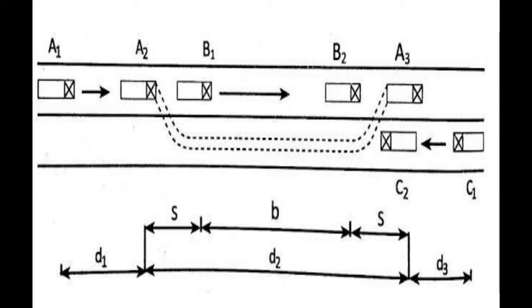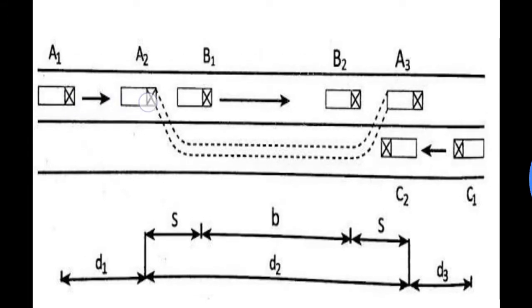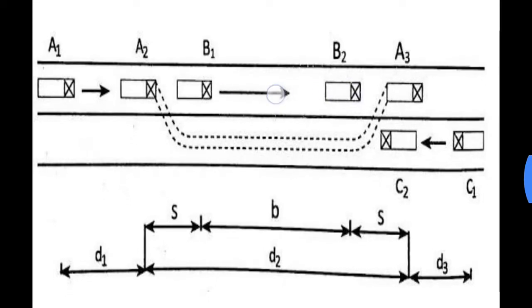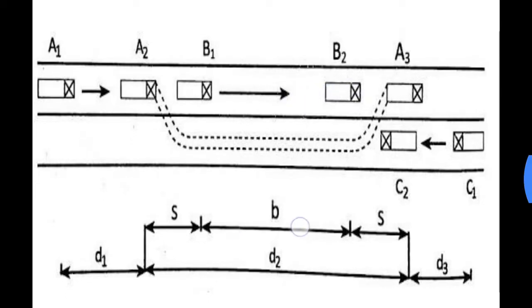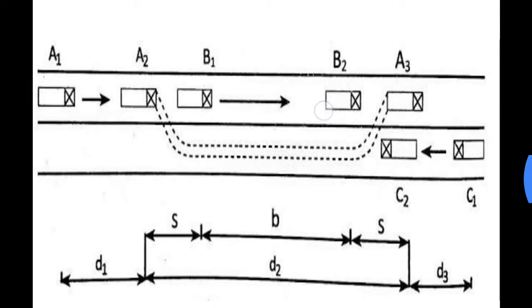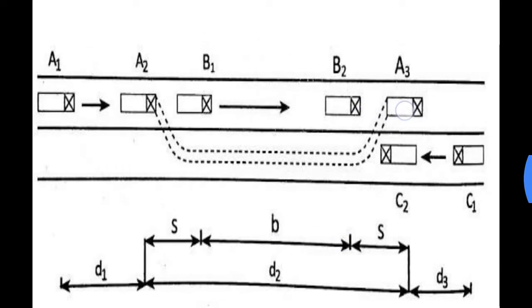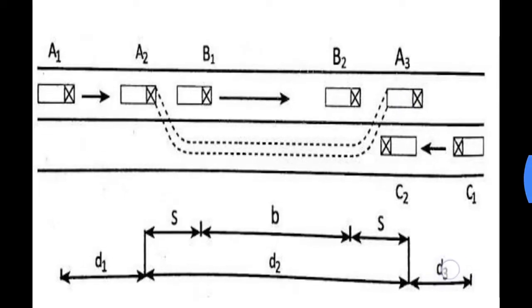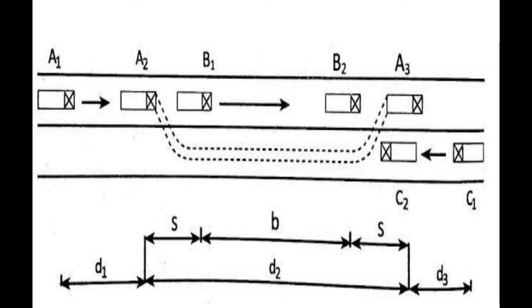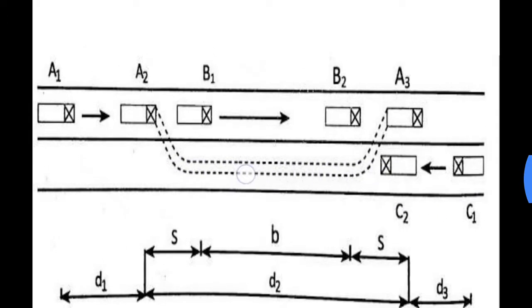What is d1? d1 is the distance traveled by vehicle A from A1 to A2, and d2 could be split as S plus B plus S, where S is the spacing between A and B, and B is the actual overtaking distance, and spacing again S. d3 is the distance traveled by vehicle C from C1 to C2 while this operation is taking place.